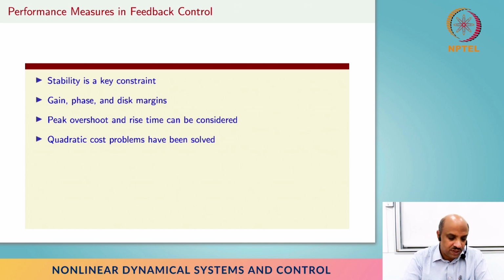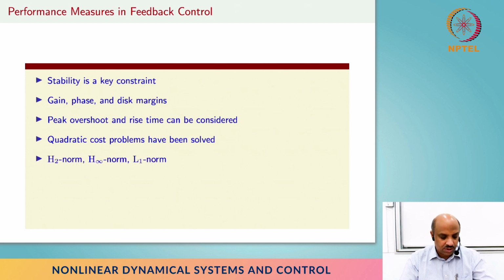Now, as we have seen earlier, minimum time and minimum fuel are both extremes of the same optimal control problem, but instead we could actually put in a quadratic cost and solve that. We'll see again what those quadratic costs are as we progress in the lecture. And then there are these very strange things called H2 norm, H infinity norm, and L1 norm. So the H2 norm is typically applicable again to linear systems.